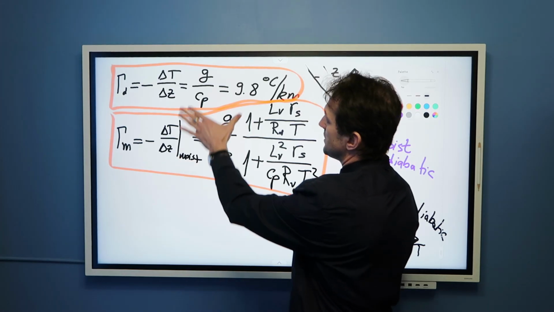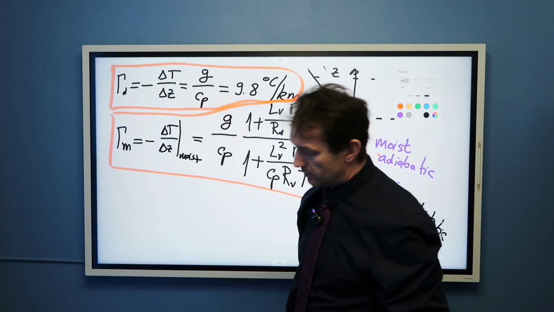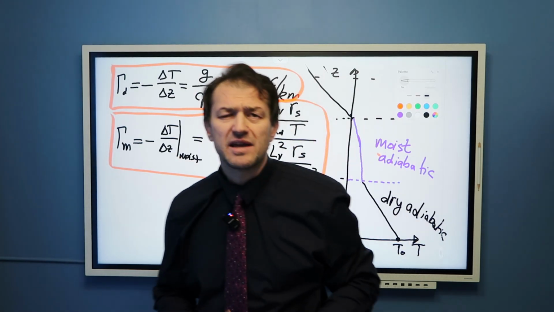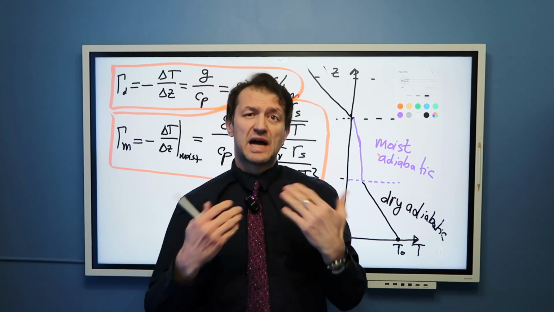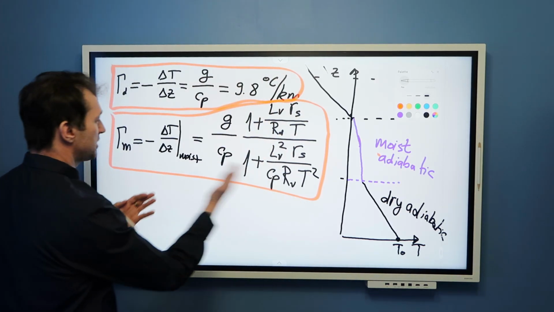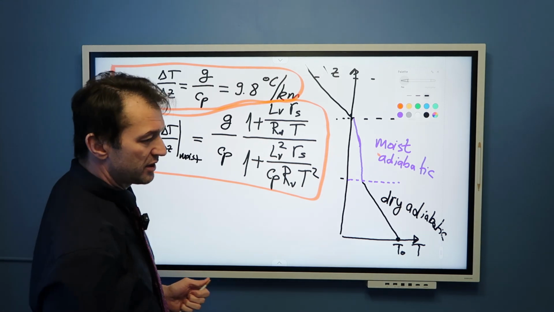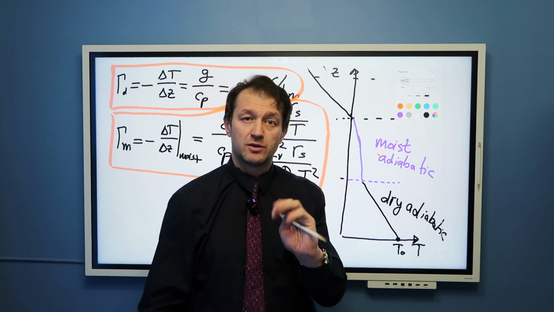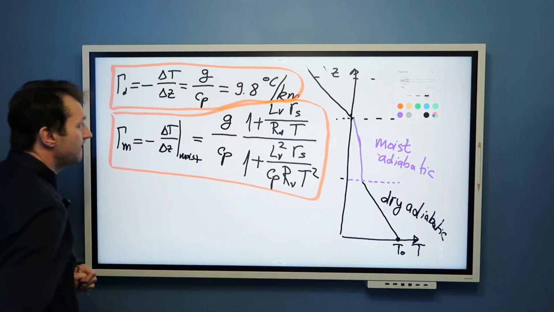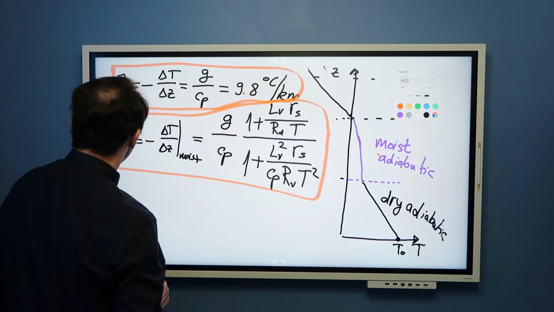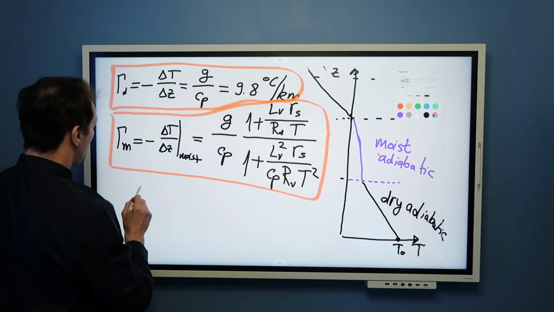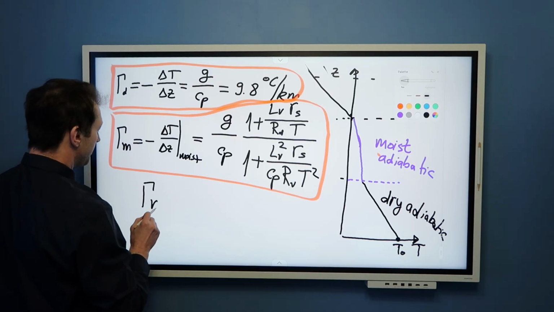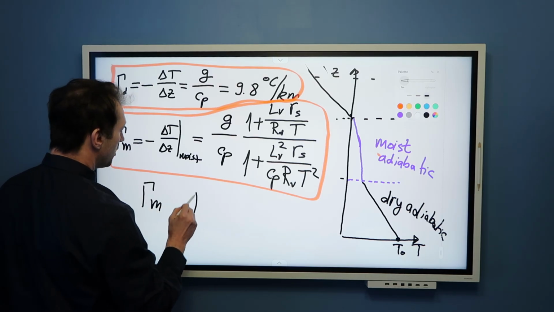I'm saying it now almost in every video, I'm not deriving equations here. I didn't derive this, I'm just telling you how it is. In my advanced playlist, I will derive this step by step if you want to know the rigor behind it. But let's analyze this. Because the very important question is, is gamma m larger or smaller than gamma d?